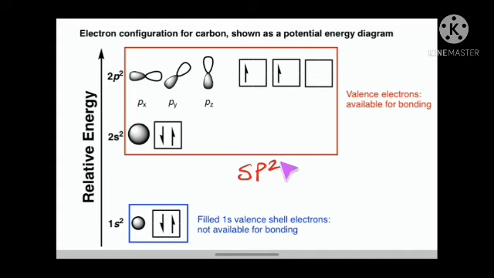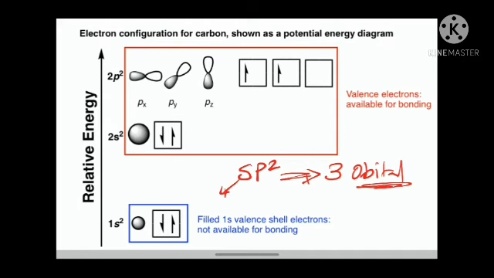This orbital and these two orbitals all combine together and form sp2 orbitals. They form actually three hybrid orbitals, three sp2 hybridized orbitals. Each sp2 orbital comprises one s orbital and two p orbitals.